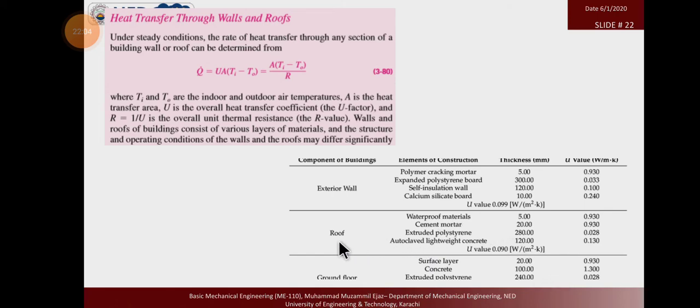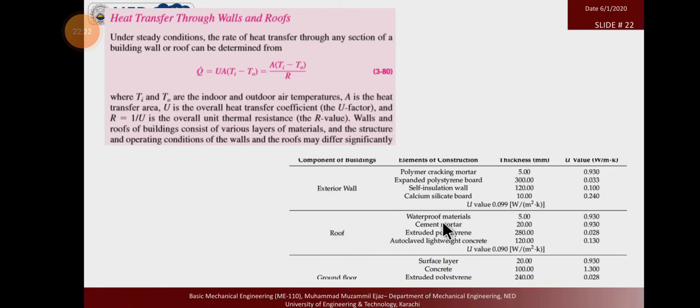The exterior wall consists of all these layers, so we add them and get the overall U value of 0.099.